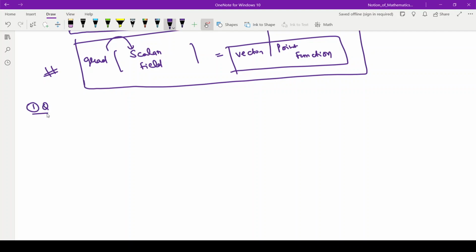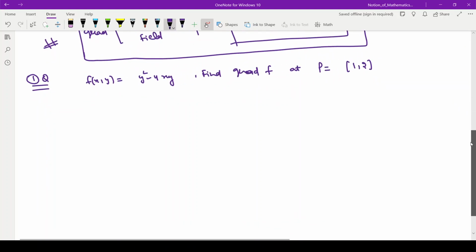So the first question is like this. f(x, y) is provided as y squared minus 4xy, and the question is to find the gradient of f at the point (1, 2). At this particular point I would like to discuss the gradient.